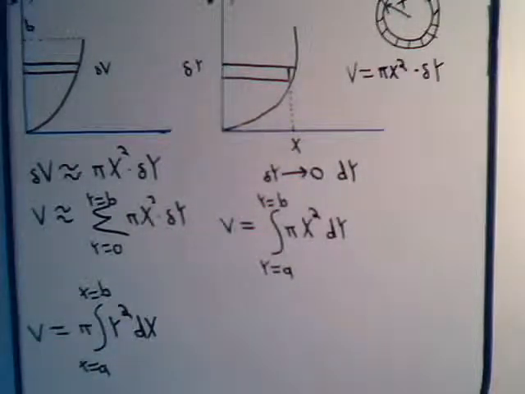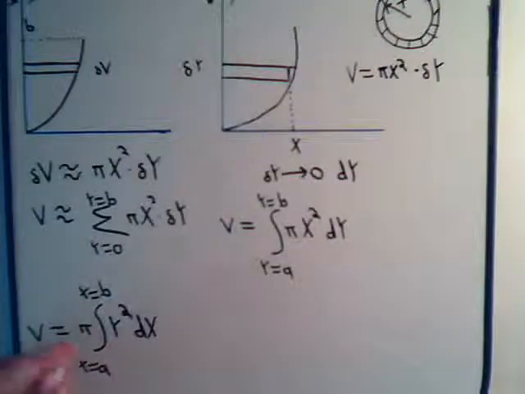We don't just have to rotate about the x-axis, we can rotate about any horizontal axis. Only in this case, we have to be on the lookout: y has to be expressed as a function of x in order to perform our integration.